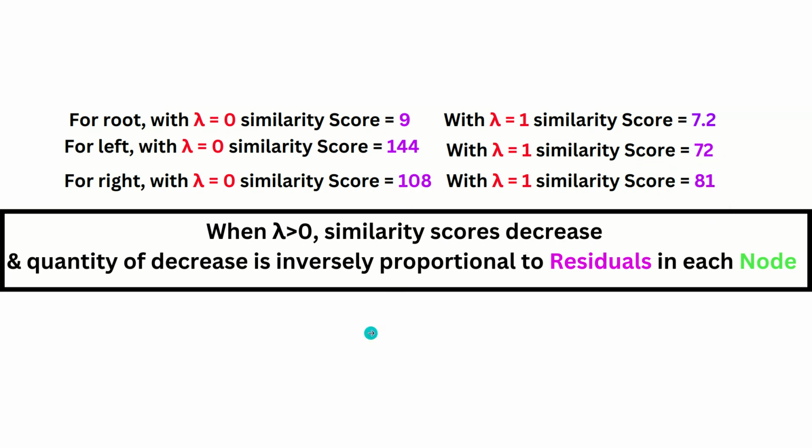So we can conclude that with a larger value of lambda, the similarity score decreases, and the quantity of decrease is inversely proportional to the number of residuals in each node, because when the number of residuals increases, we divide the sum of residuals by a larger number, so the value decreases.